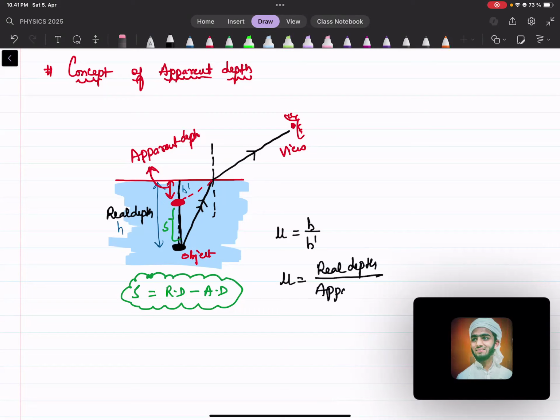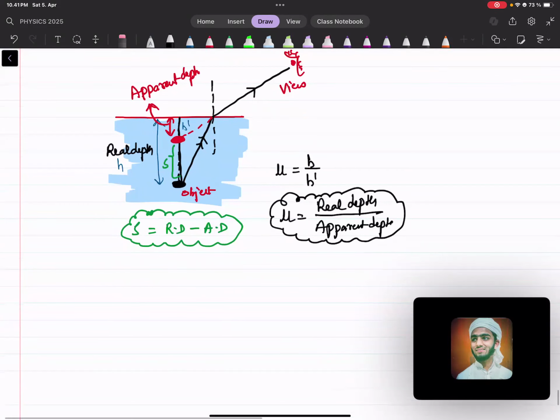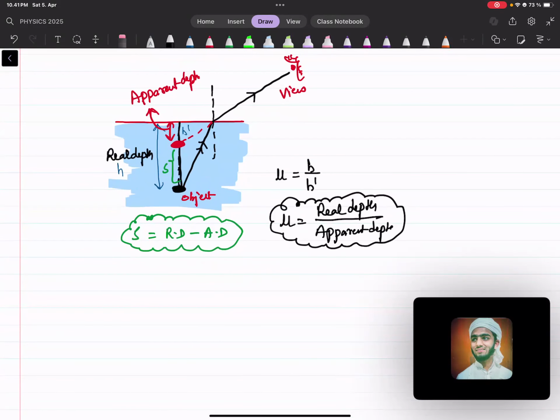This is the formula when the object is in a denser medium and viewed from the rarer medium. So apparent depth: h dash is equal to h divided by mu.